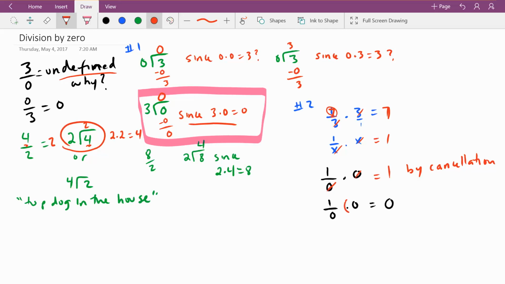If you're multiplying it by 0, this could be anything, we know it's 0, since 0 times anything is always 0. Well, how can we get two different answers? I gave you the same problem, 1 over 0 times 0. In one method we got 1, in another method we got 0. So which one is it? It doesn't make sense, right?